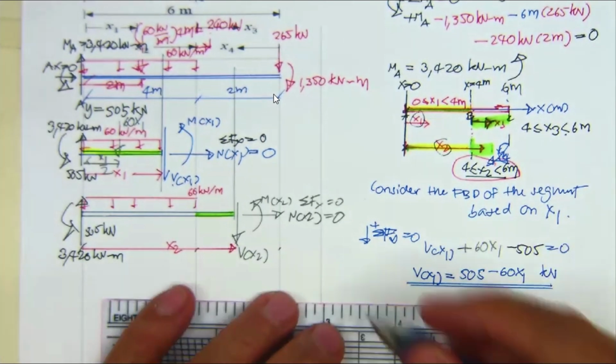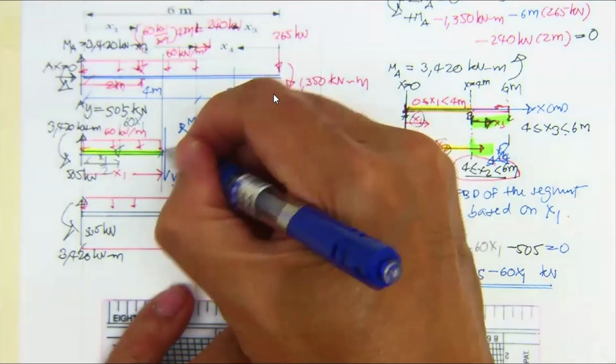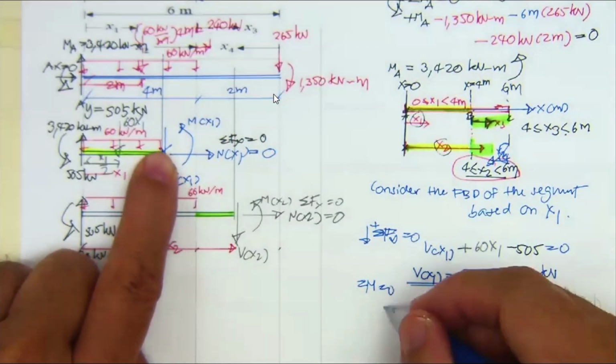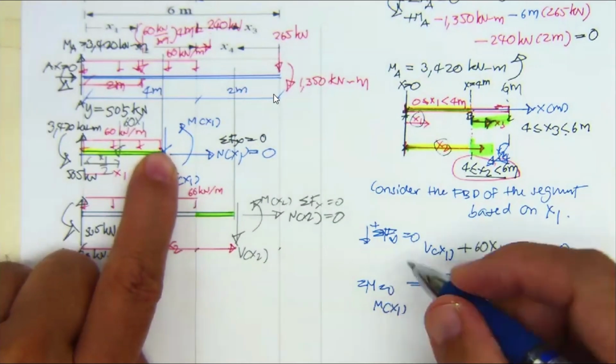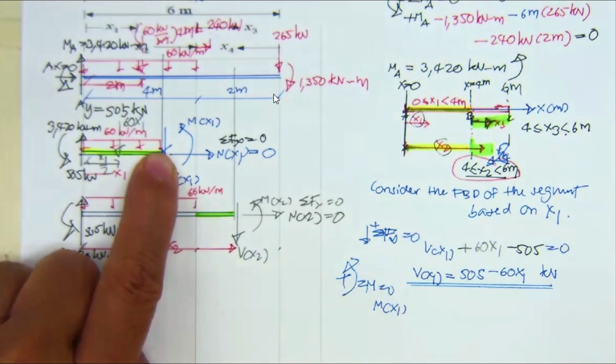Okay, now summation of the moment equal to 0. Take the moment over here, eliminating V sub x1. Take the moment here, M sub x1 in this direction to be positive.